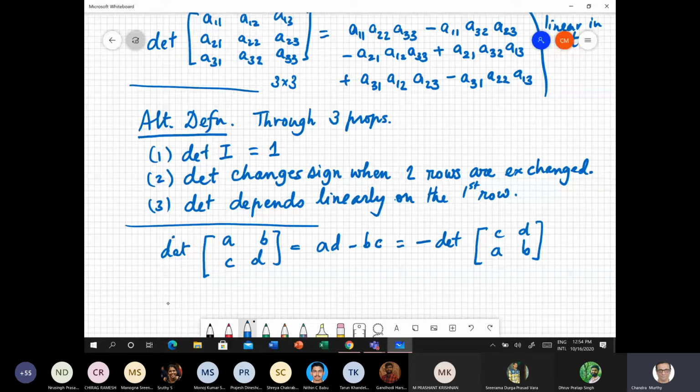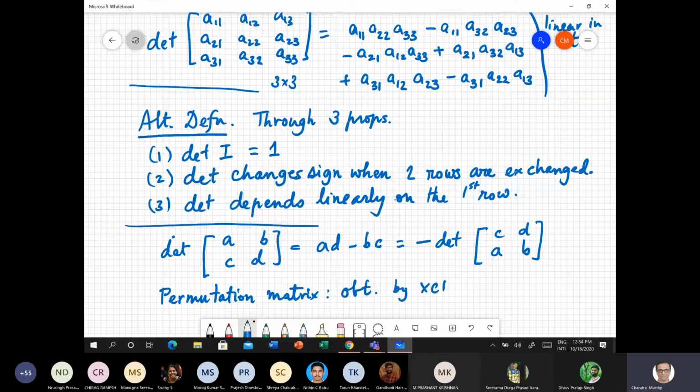And also, if I take a permutation matrix, a permutation matrix is a matrix obtained by exchanging rows of the identity matrix.